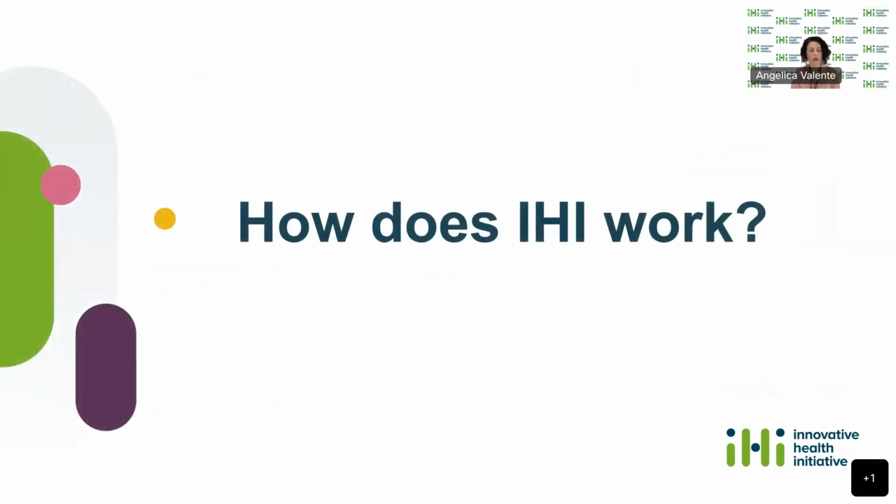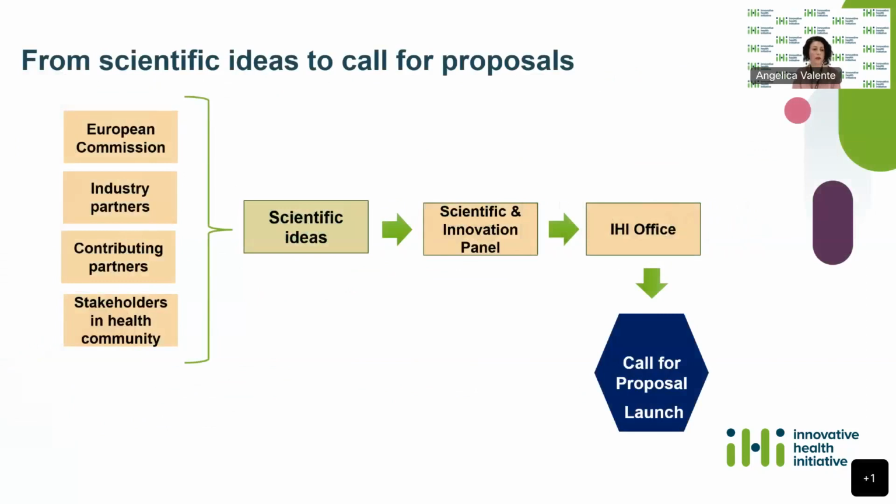I will introduce briefly how IHI works to give you an overview of the main processes where we will have patient engagement. So first of all, from the scientific idea to the call for proposal. In this process, there are several actors involved. We have the European Commission, industry or contributing partners, or even stakeholders in the health community that can propose some scientific ideas to become topics.